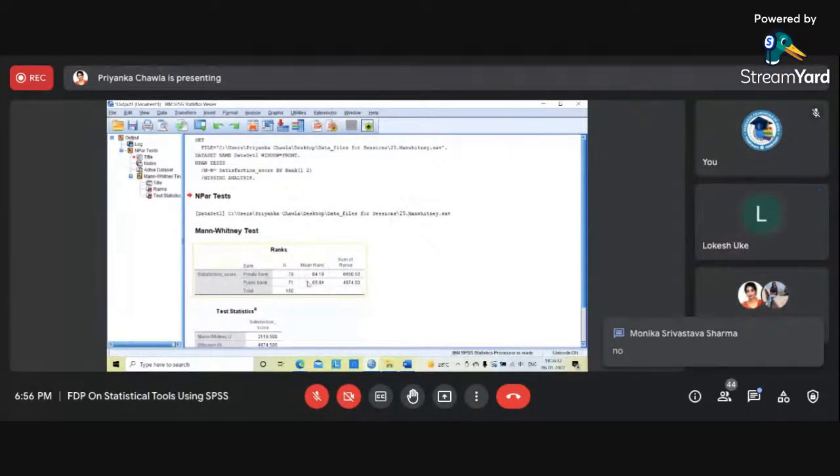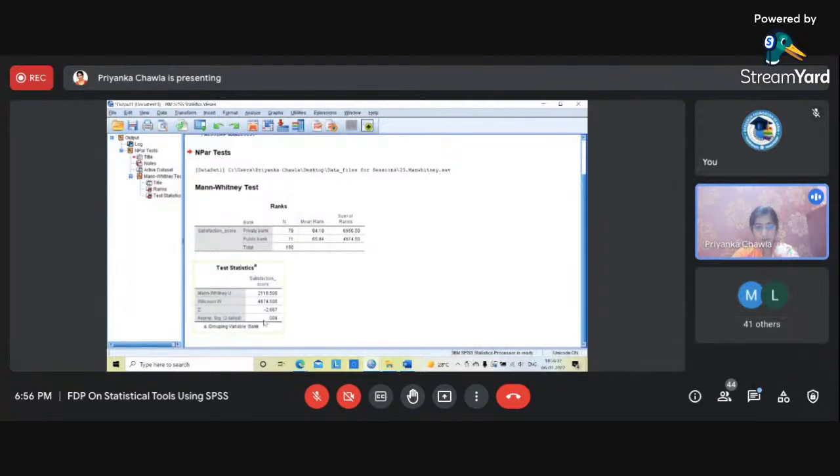No, ma'am. That means the P value is automatically 0.008, which is lesser than 0.05. We can say that the null hypothesis is rejected because there is a significant median difference, right? From descriptive statistics we came to know, and the P value also stated the same thing.